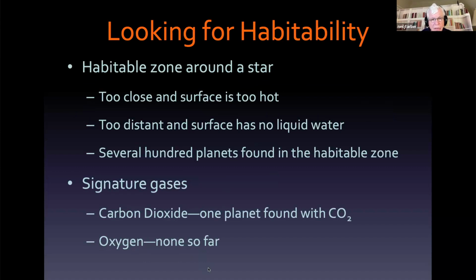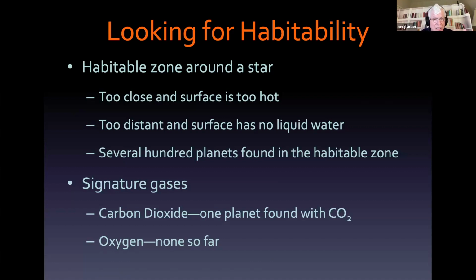But there's a lot of habitable zone stars, but planets are either too close and the surface is too hot, or too distant and it has no liquid water on the surface. And the only way we can look for life on exoplanets is looking at the atmosphere.